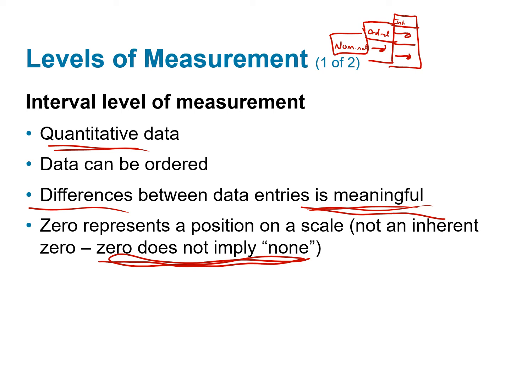We can have a 0 degree day. So if we have a 0 degree Fahrenheit day, we're not saying we have no temperature, right? What we're saying is it's just a position on that Fahrenheit scale. So 0 does not imply none. 0 degrees Fahrenheit does not mean no temperature, for example.